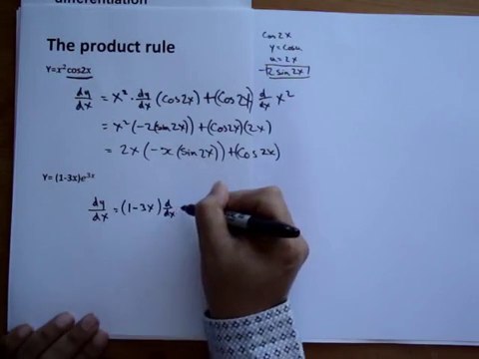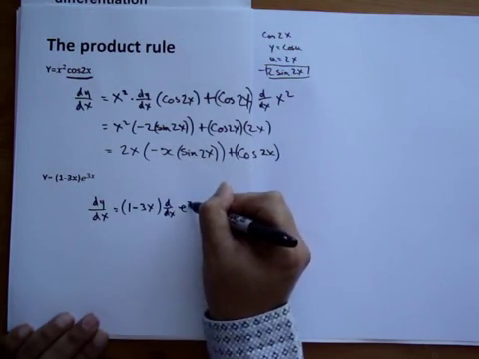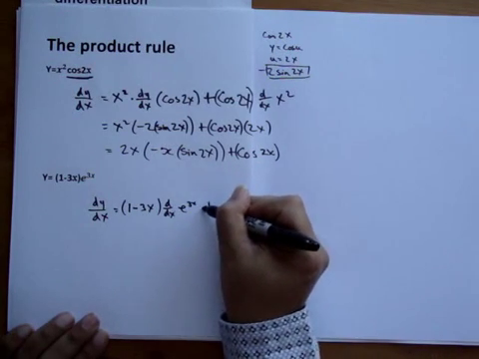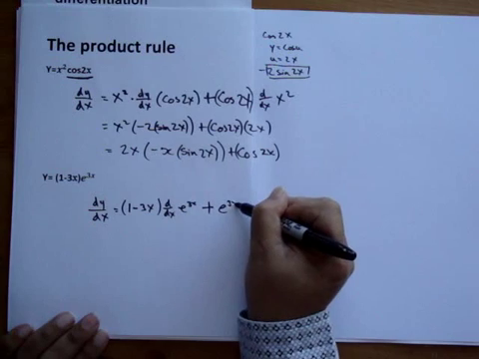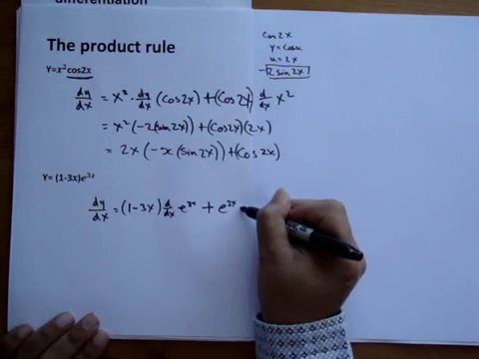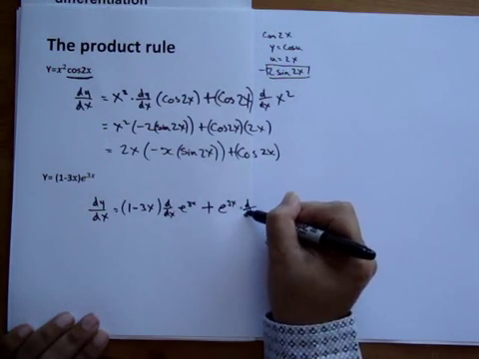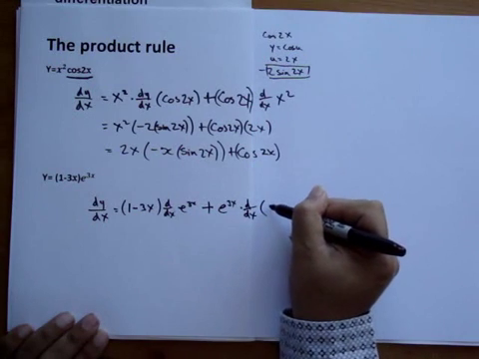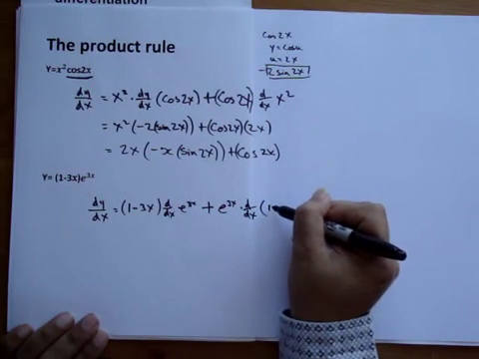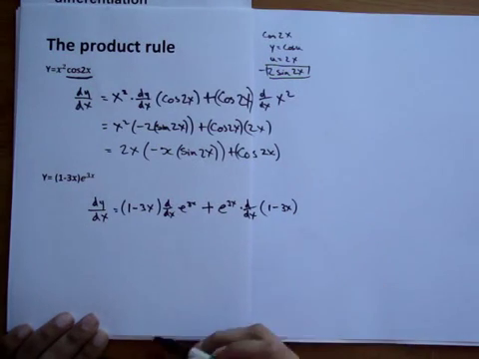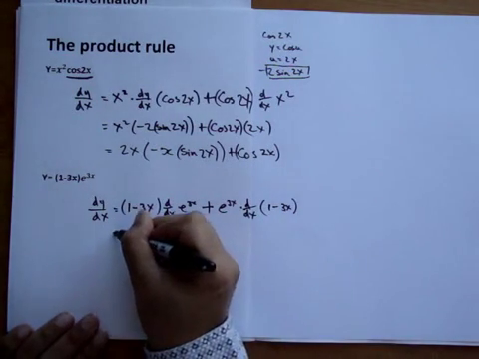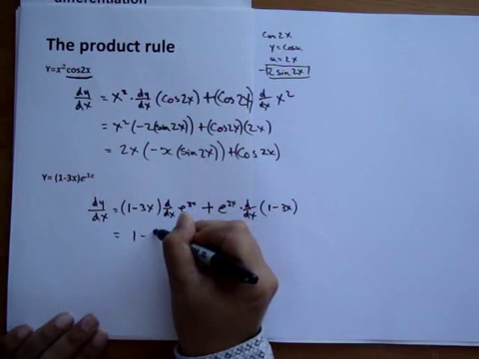Differentiate the second term, which is e to the 3x, plus second term multiplied by the derivative of the first term. Okay, so that becomes 1 minus 3x.